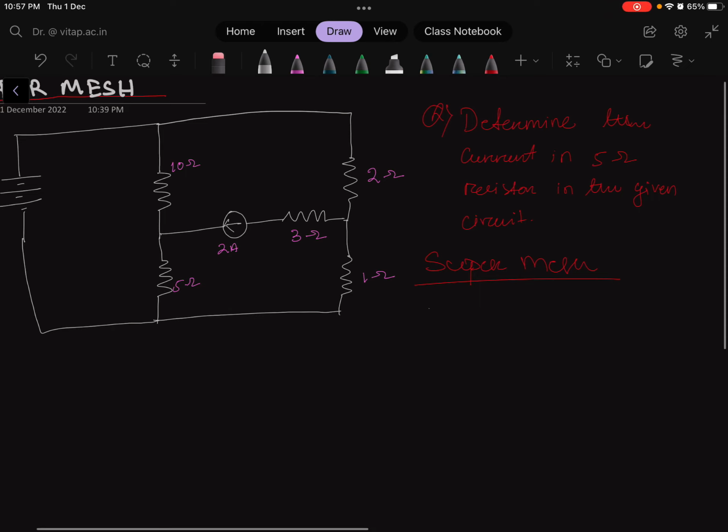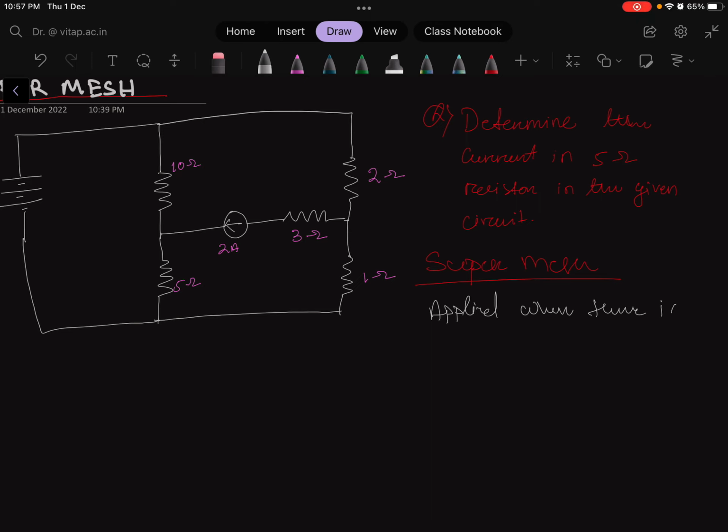Super mesh is applied when there is a current source common to two meshes.